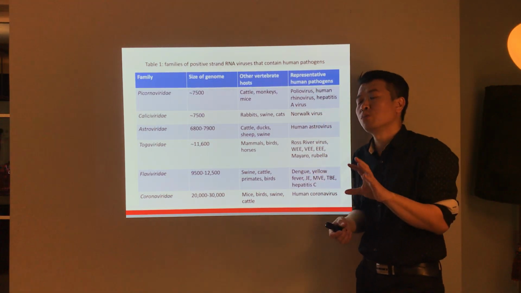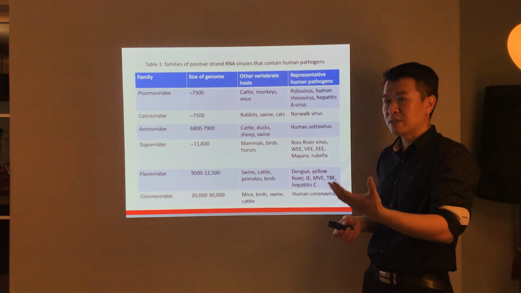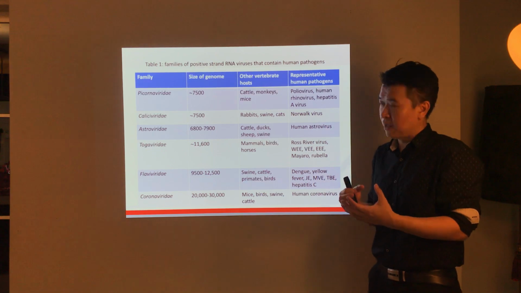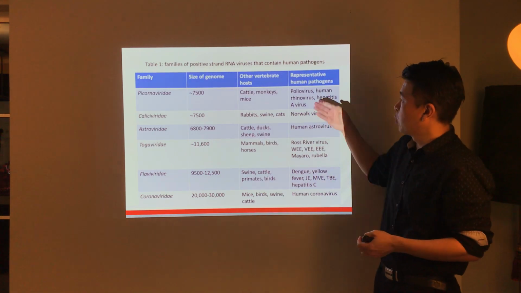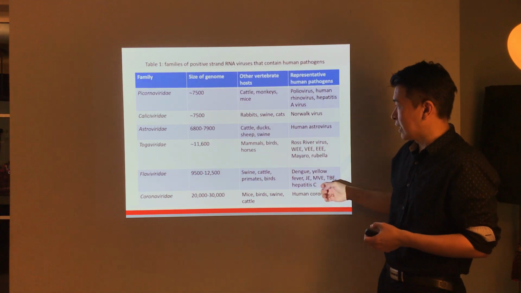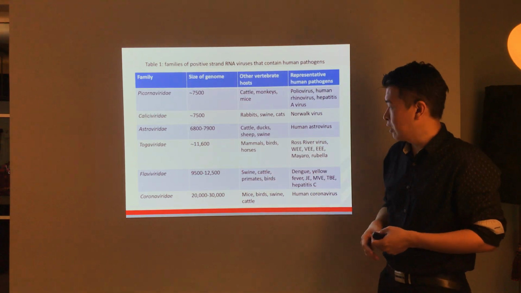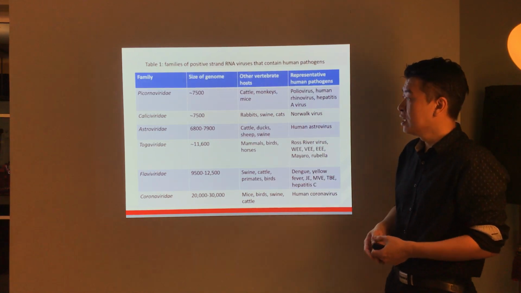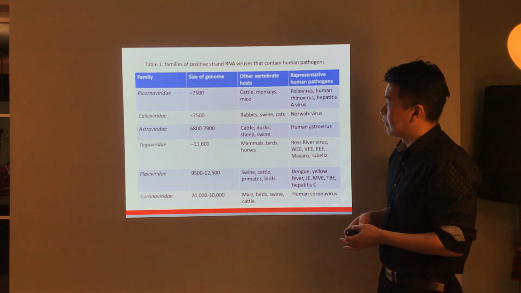So don't assume all the diseases that affect a certain organ come from the same family, right? Hepatitis A belongs to Picornaviridae, whereas hepatitis C belongs to Flaviviridae. We also have hepatitis B that belongs to a third, totally different family.